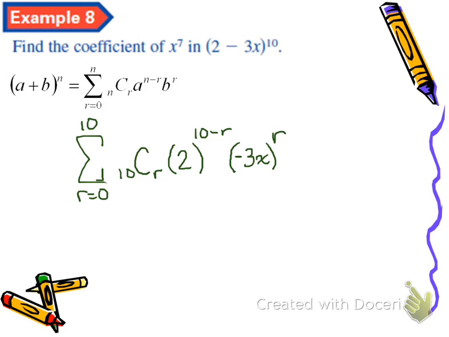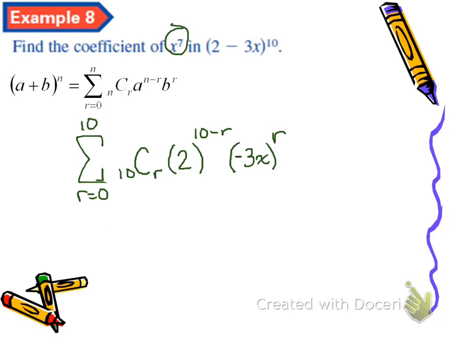Okay, so now we want x to be raised to the 7th power. Notice x is on the b term, so we want that x to the 7th power. That would mean that r has to be a 7. So let's come back, and in our summation notation, where we have r, we're just going to do that term where r is a 7.